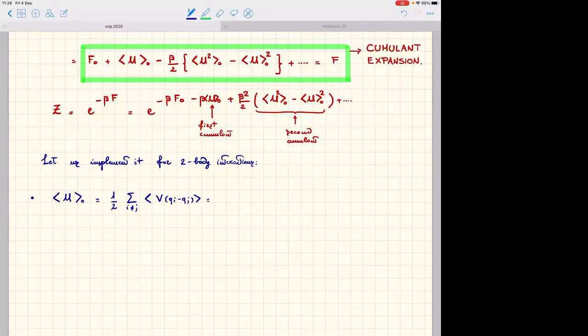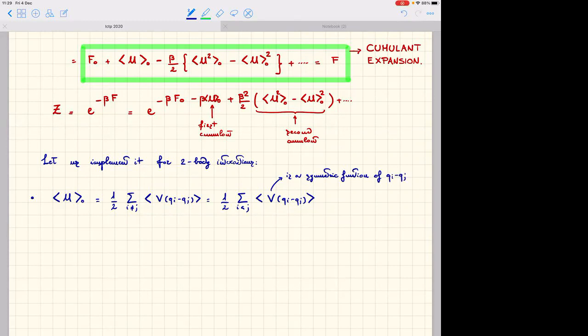I can actually simplify things and write it as the sum over the ordered pairs, so without repetitions, of V(qi minus qj), simply because I'm assuming that V is a symmetric function of qi minus qj.